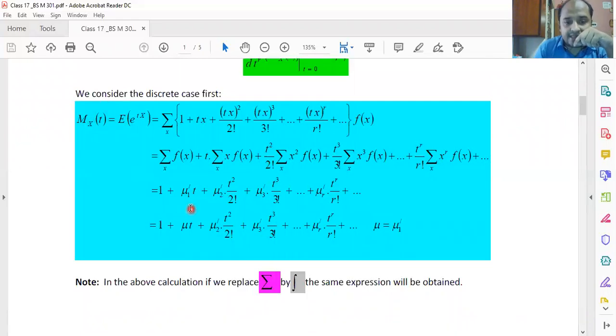So Mx(t) has this particular form. That will happen for the continuous case. I have not shown explicitly what will come in the continuous case because they are similar, but I have written here as a note that if the case is continuous, all the summations will be replaced by integration.